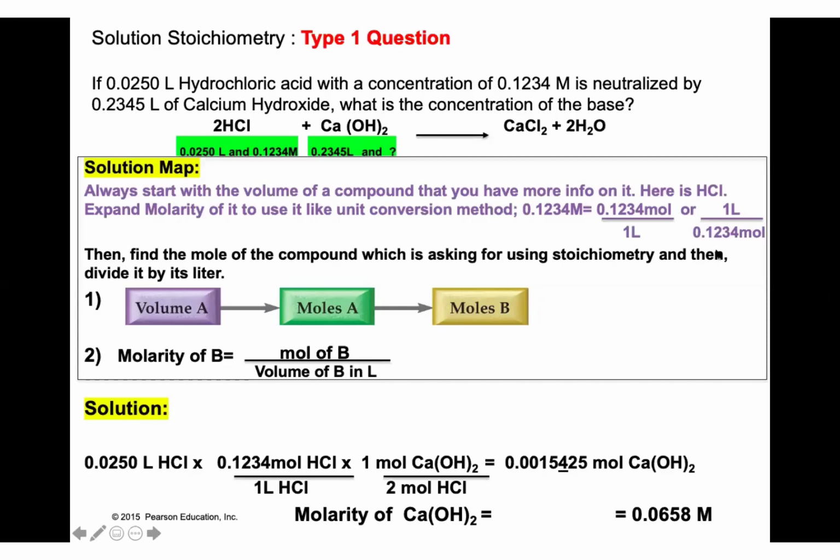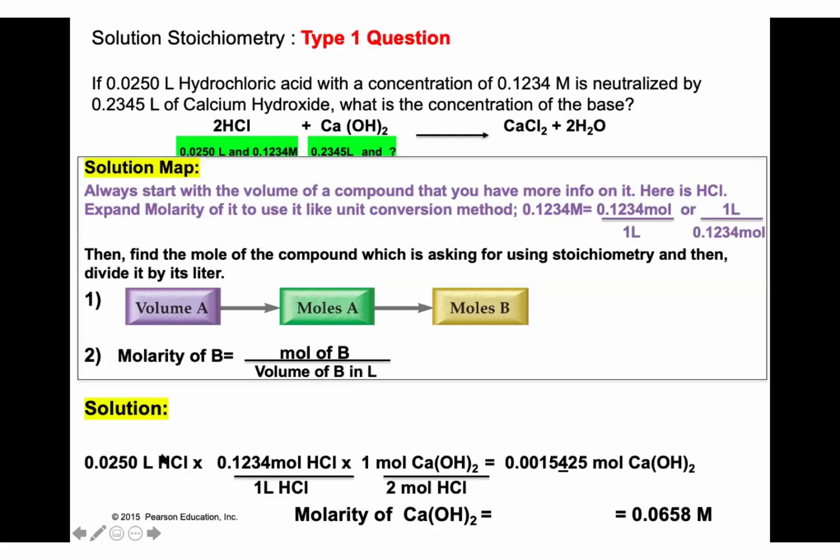So we should expand this, because I need to use it in the equation that I'm doing. So 0.1234 molarity is 0.1234 mole per liter, or how we can use it in the unit conversion method, 1 liter over 0.1234 mole. I just flipped it. Do you remember? I just expanded it to mole per liter.